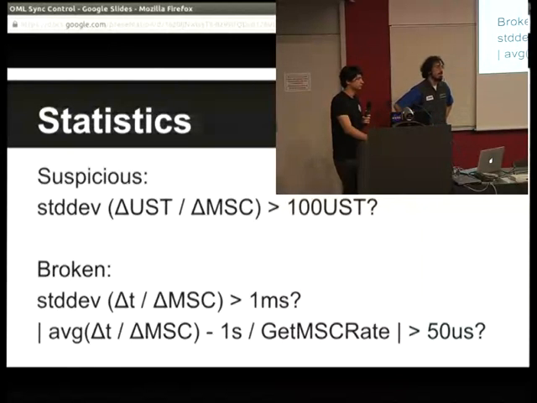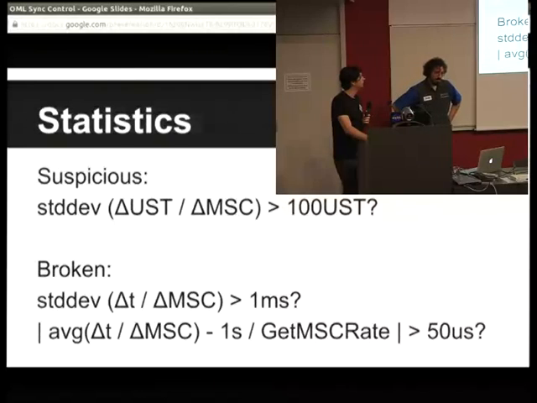So we compute the standard deviation of those ratios, and if it's too wildly inconsistent, we warn about that and consider it suspicious. But since there is no spec for what UST actually means beyond that it's monotonic, that can't actually be a fail.